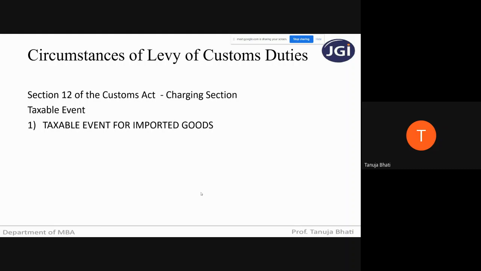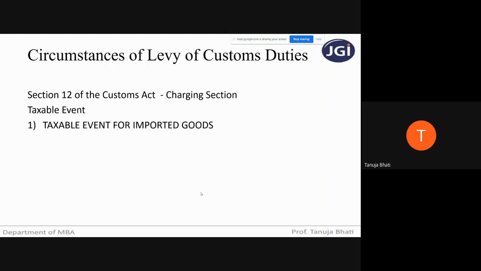In my yesterday's class, I told you what is a bill of entry. Bill of entry is nothing but a document that needs to be filed by the importer, or the agent of the importer, in order to clear his goods for home consumption. Now we saw what is home consumption also. When the bill of entry is being filed, the custom duty is being discharged and the goods are ready to be taken for home consumption or utilization.